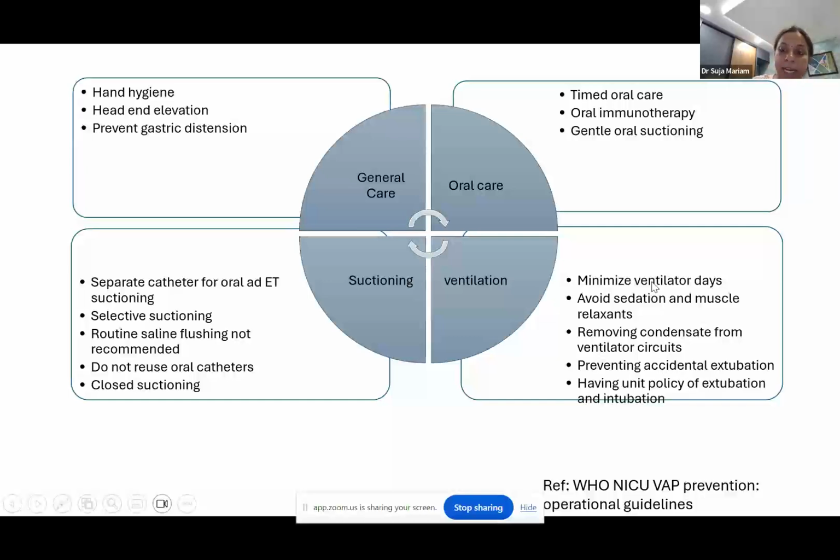So minimizing ventilator days, but at the same time, you have to prevent accidental extubation, because when a child is accidentally extubated, there's more chance that the pooled oral secretions are aspirated. Second, when you re-intubate in an emergency scenario, there is more chance that you're going to do it in a less optimal way. Having a unit policy of extubation and intubation. So this is a general idea. There might be even minor points on the VAP prevention bundle.